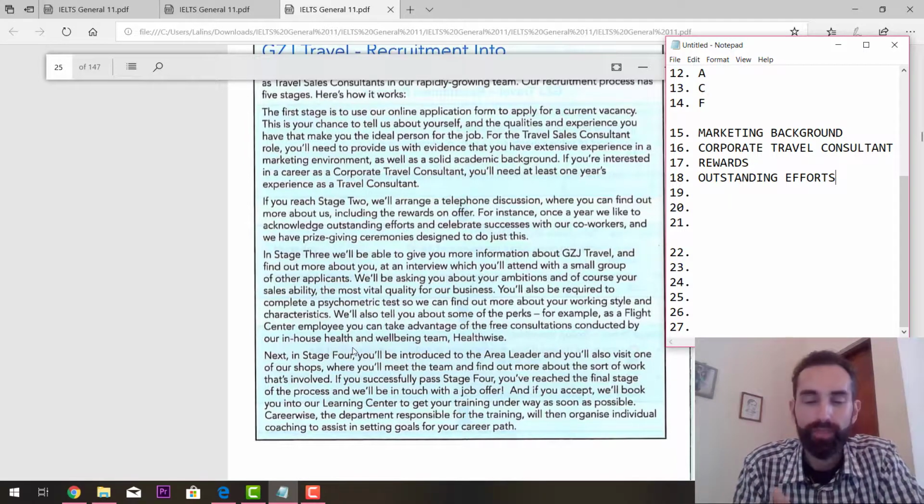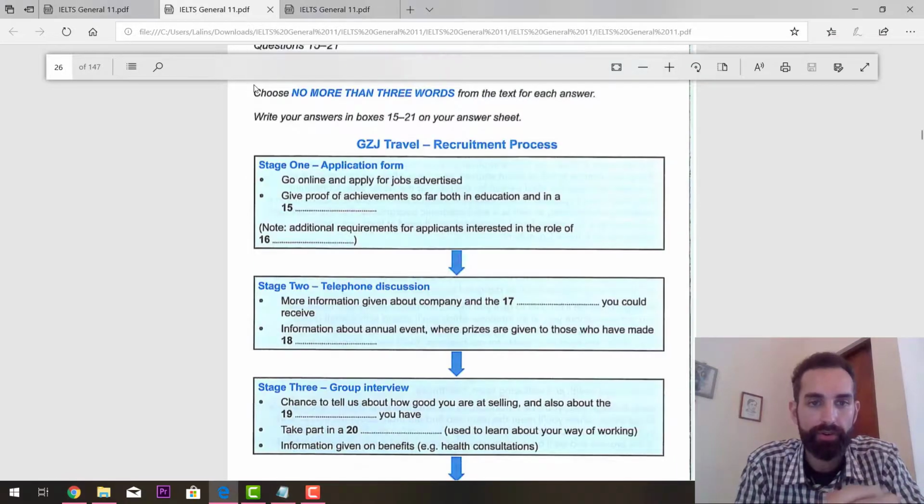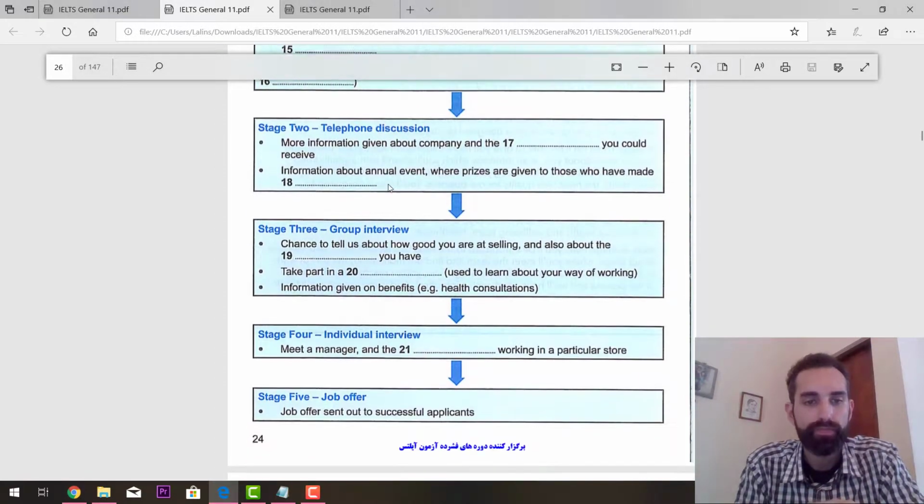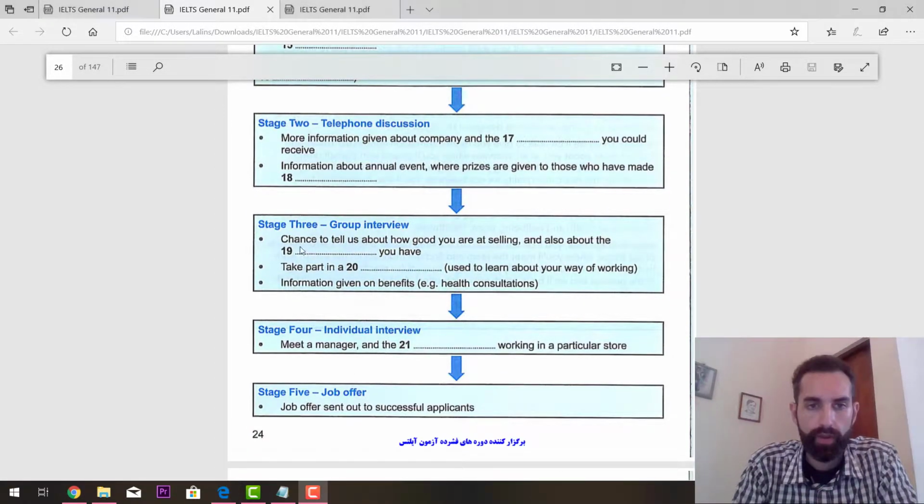Okay, so that is section 2, not section 2, that is paragraph 2. We've just finished 17 and 18. And now we move on to stage 3, which is the group interview.